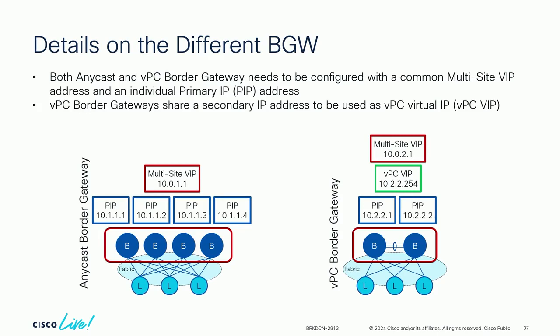Each of them has a personal identity, the PIP, the primary IP address, to say how do I talk to that BGP router over there. And then all together they share a data plane IP address, the virtual IP address, the multi-site VIP, as you see in red there. What else is speaking between the 4 border gateways in that case?